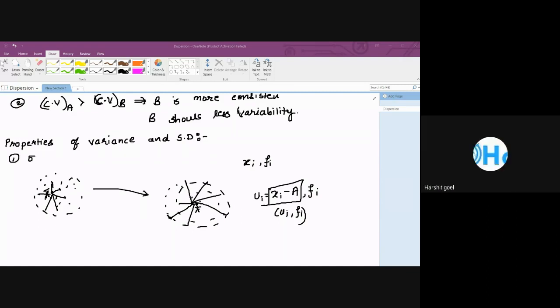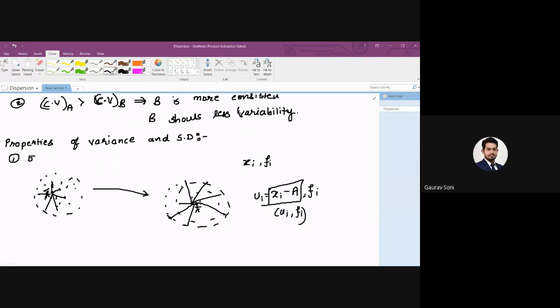Sir, will they change if there is change of origin? Will the variance or standard deviation change if there is change of scale?